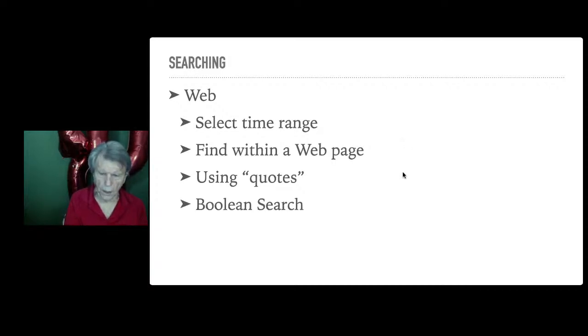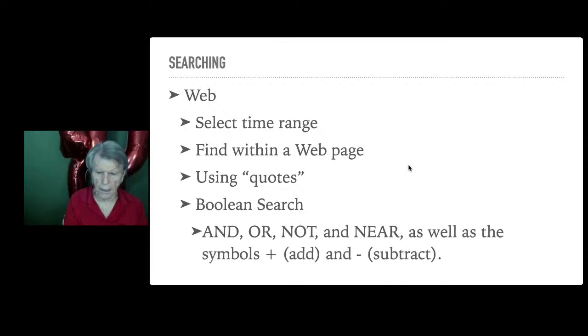You can also do a Boolean search, where you have two search terms and put and, or, not, near between the two terms. You can also put the plus sign or the minus sign to add or eliminate search terms. So let's see if we can show you that.